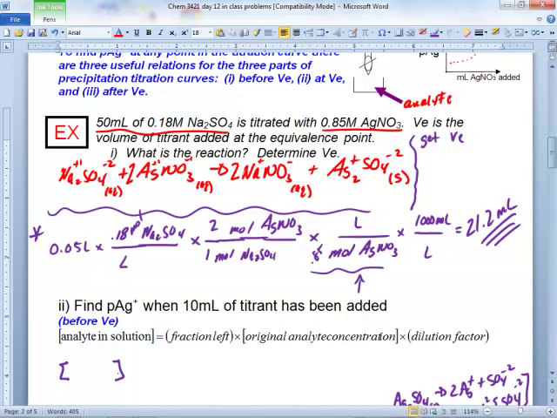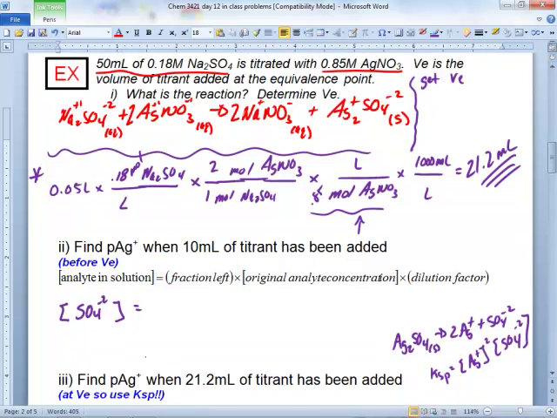I dumped a bunch in there, and we're just going to figure out the amount that's left over. So this relationship is going to get us the fraction left. We get that number, we put it in down here, and we solve for silver. That's all we're going to do.